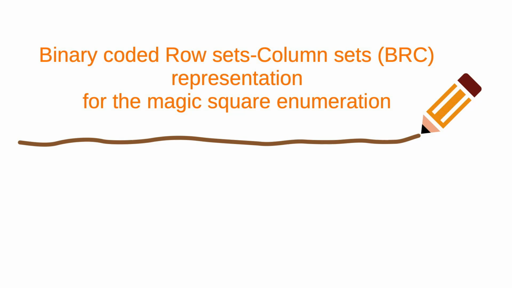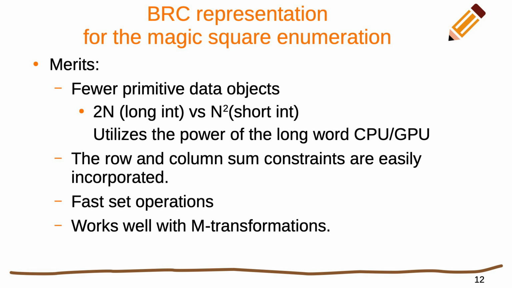Adopting BRC representation is expected to offer certain advantages in enumerating magic squares. First, it requires fewer primitive data objects to represent a magic square. BRC representation needs only 2n words in contrast to n squared in the matrix representation.